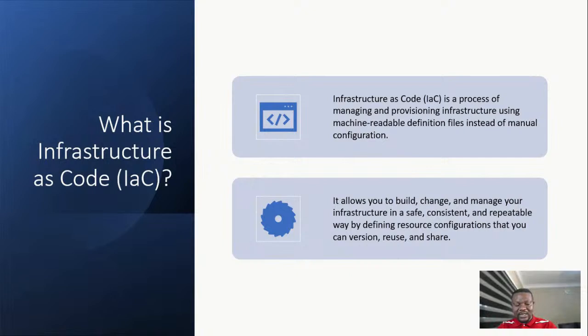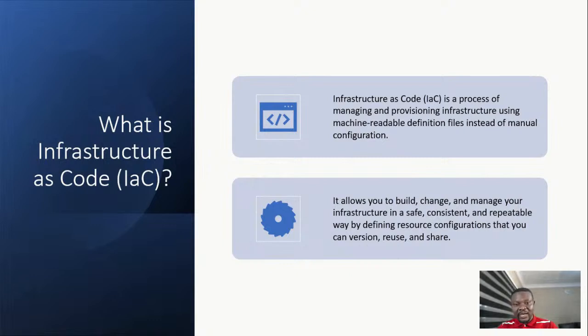So having it on the screen, what is infrastructure as code? Infrastructure as code is a process of managing and provisioning infrastructure using machine-readable definition files instead of manual configuration. The key term there is that manual configuration is eliminated.